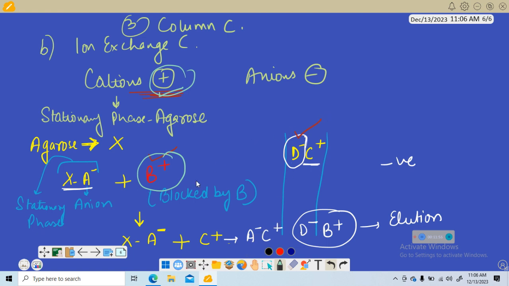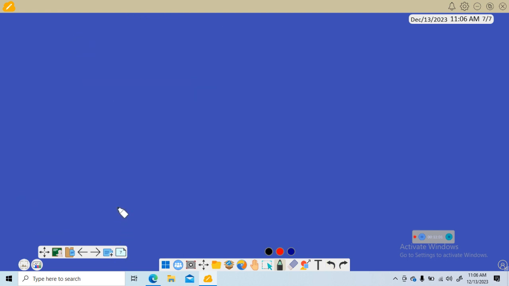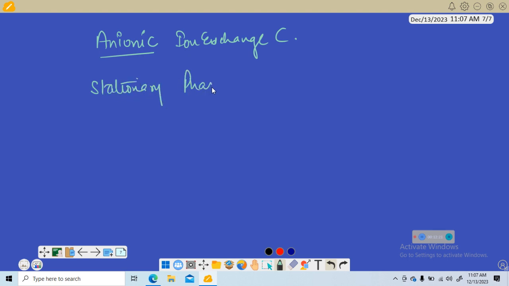Similarly, in anionic also this will be vice versa. Anionic ion exchange chromatography. So here, first we need to look at the stationary phase. The stationary phase is resin, and this is positive.